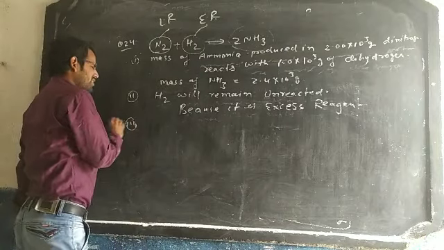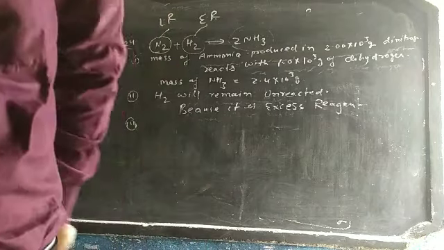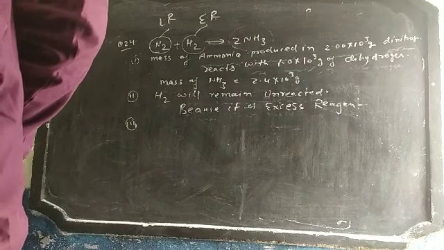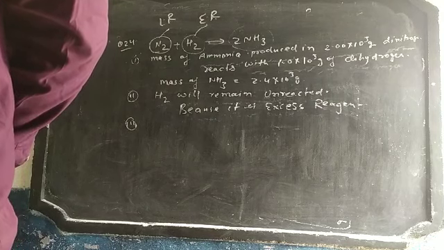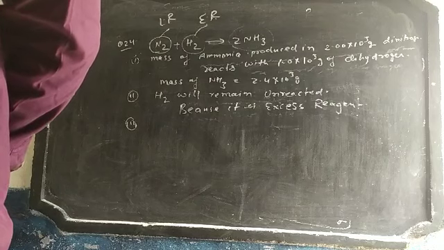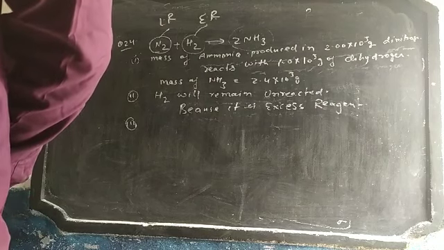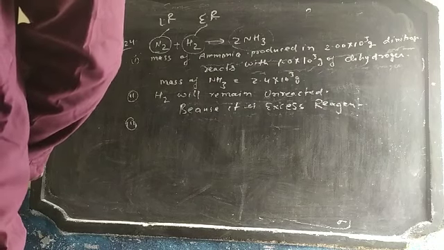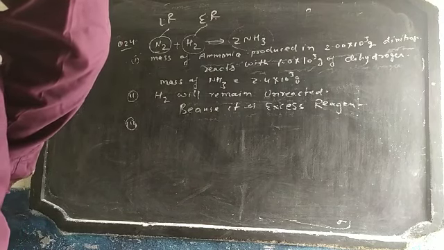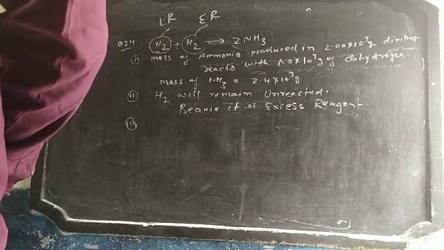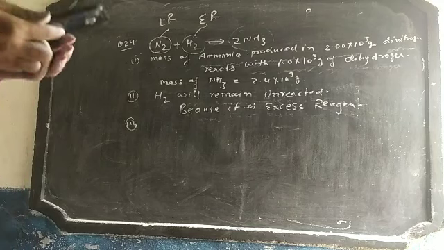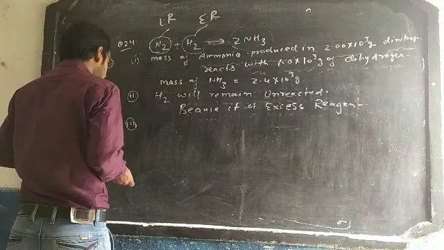And the third question is: mass of the dihydrogen left unreacted. How many grams of dihydrogen are left unreacted? You can find it in this way also. How many grams?